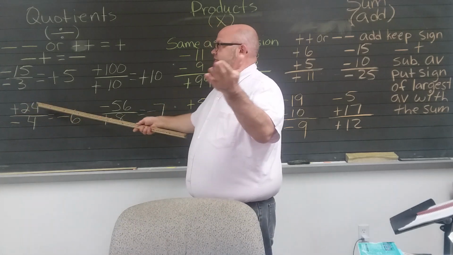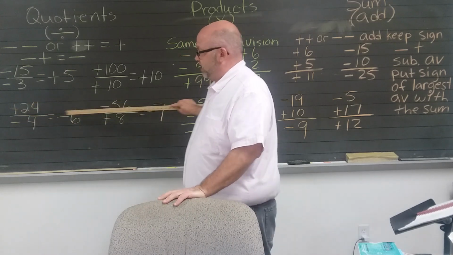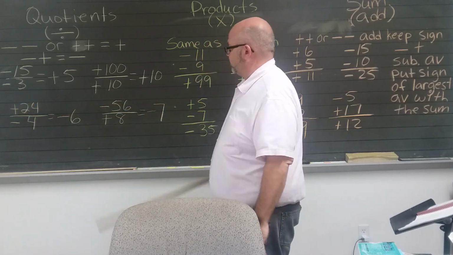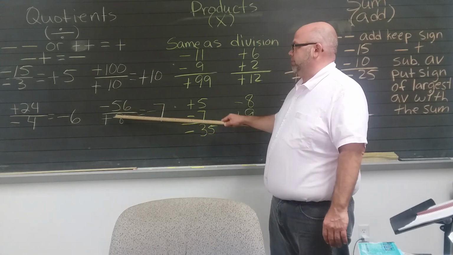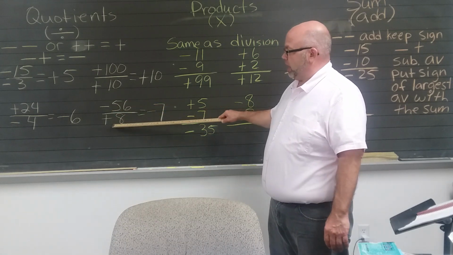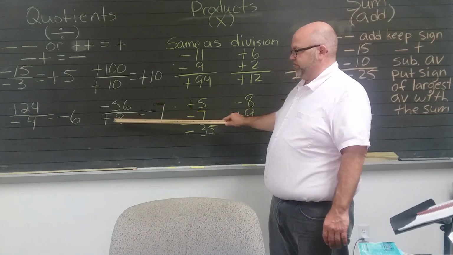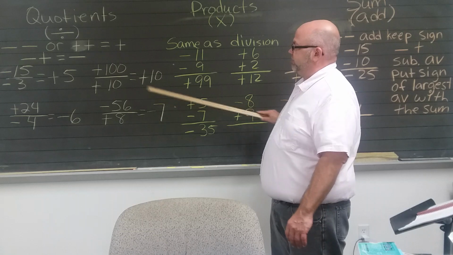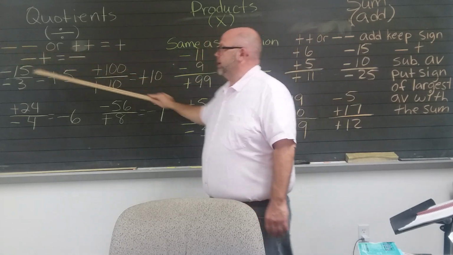Just go 24 divided by 4 is 6. And because you have two different signs, it is negative 6. Same thing here. It doesn't matter where the sign is, top or bottom. Negative 56 divided by positive 8 is negative 7. Two different signs, negative. Two same signs, positive answer.